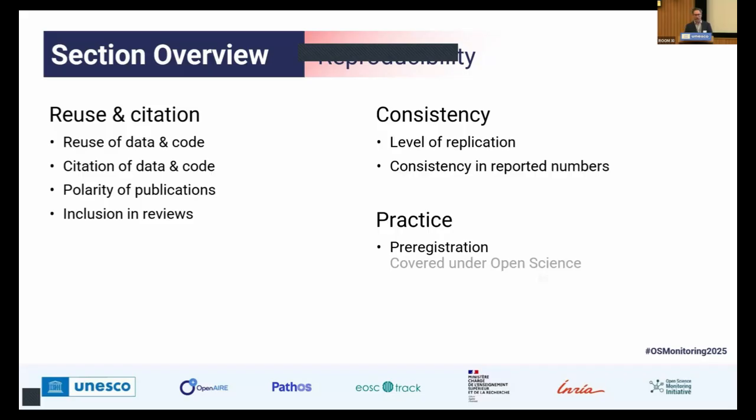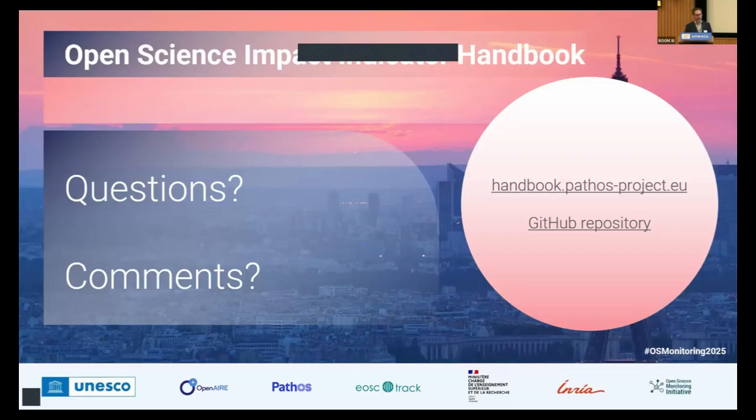Finally, the pre-registration here is already covered under Open Science. So this concludes my overview of the Open Science Impact Indicator Handbook. As I've said, it's a website, it's not a book in that sense. So the URL is here on the screen, handbook.pathos.project.eu. It has an associated GitHub repository.